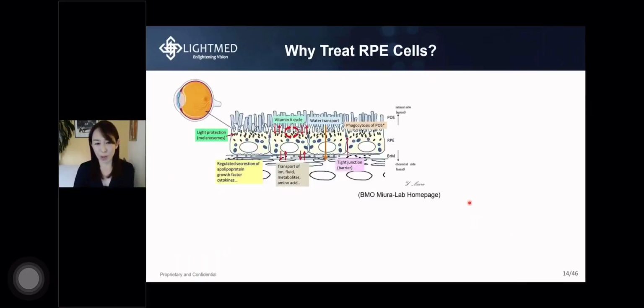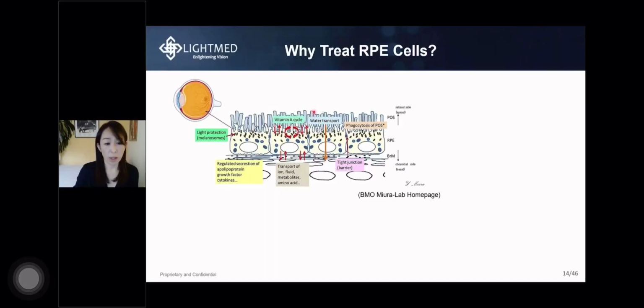So the next question is why we want to treat RPE. This is, of course, a fundamental question, so I can explain a little about what RPE is doing. RPE is the last layer of the retina, actually the most backside of the retina. This is one cell layer, but a very important cell layer. For example, it provides light protection with melanosomes, the vitamin A cycle is very important, and it does water transport.